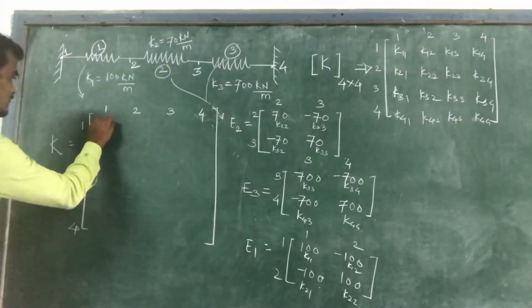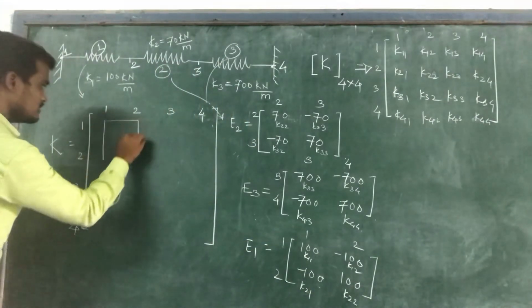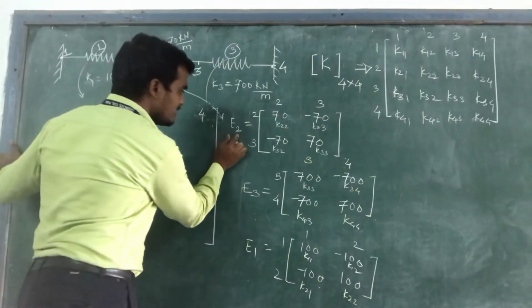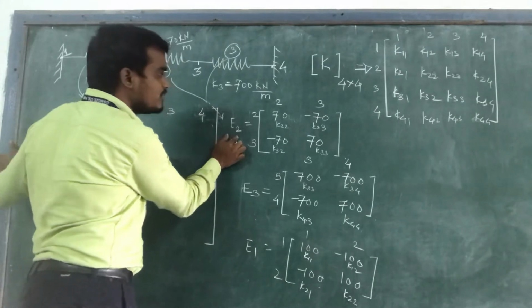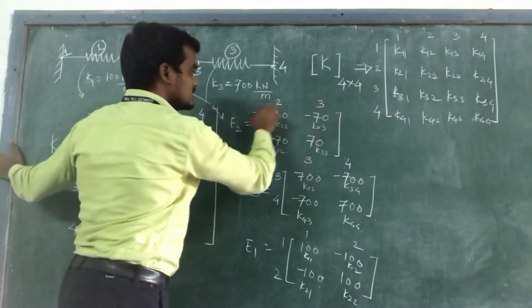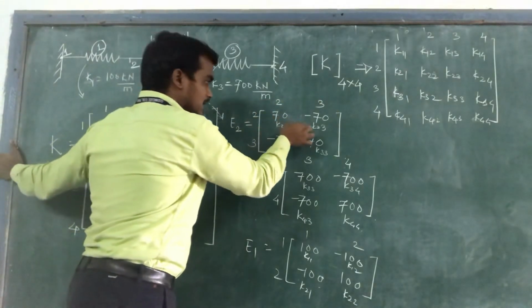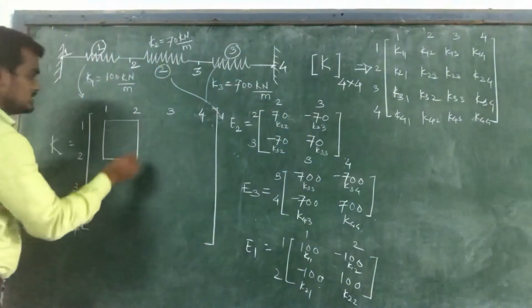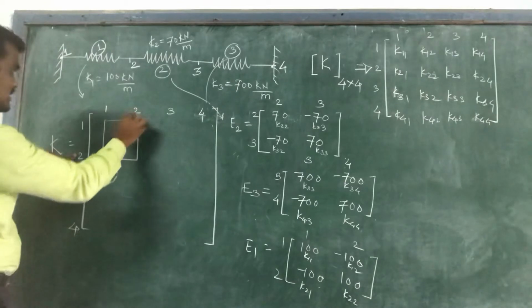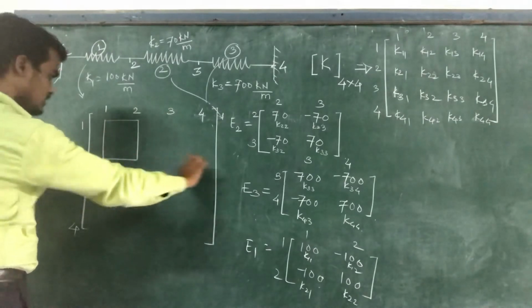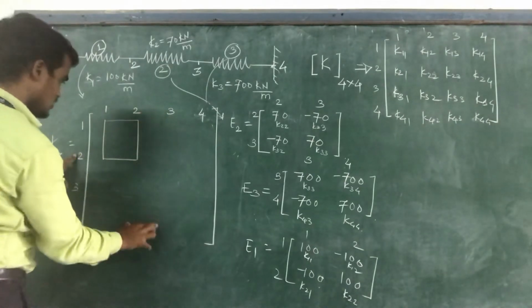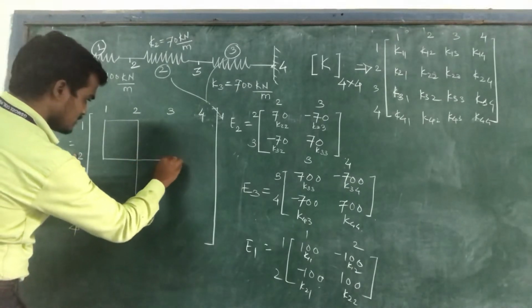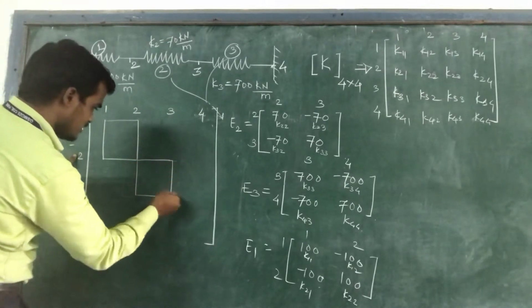So it will position itself between 1 and 2. Okay. The second element is in between node 2 and 3. So write down these elements into positions 2 and 3, so between positions 2 and 3, these are rows 2 and 3, these are columns 2 and 3. So it will position between nodes 2 and 3.